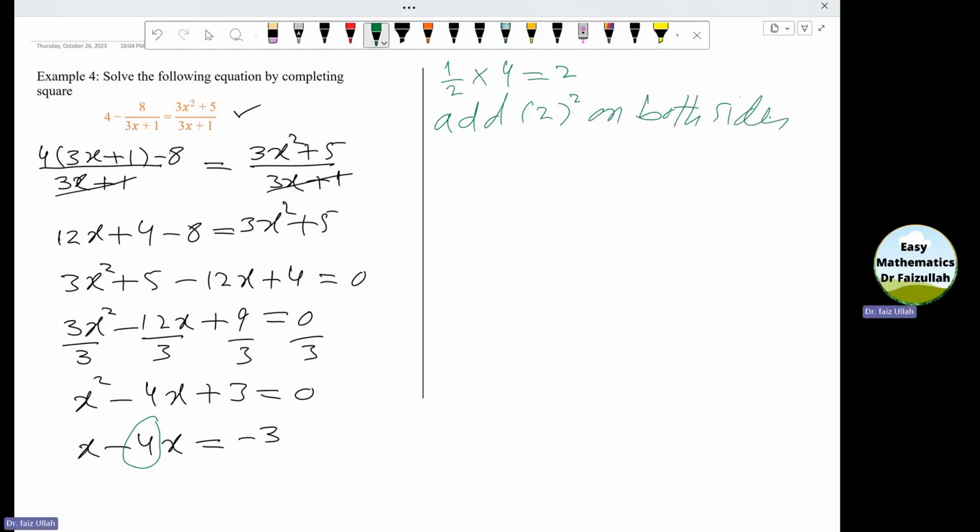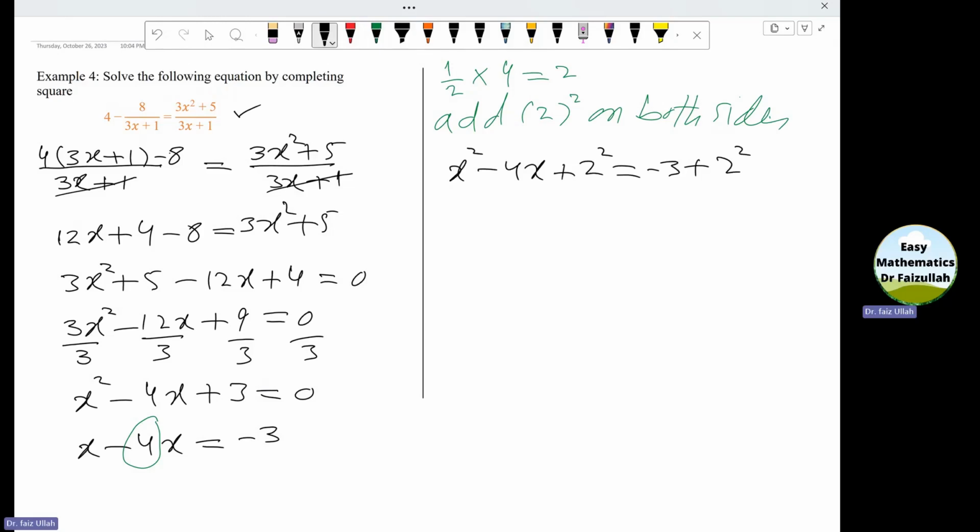So due to the square, minus does not matter. So now from the above equation we obtain x square minus 4x plus 2 square is equal to minus 3 plus 2 square.